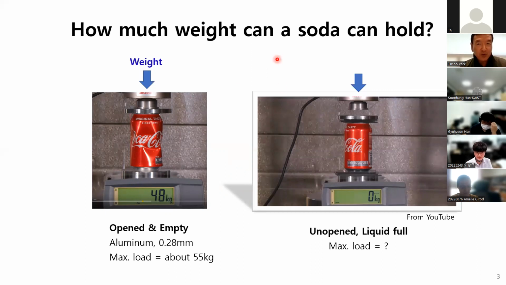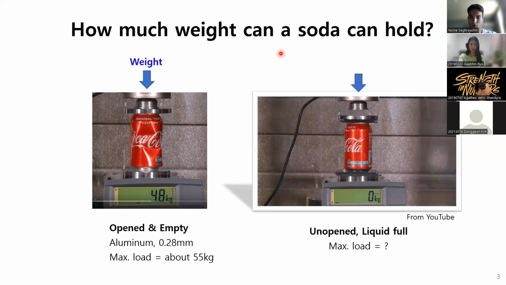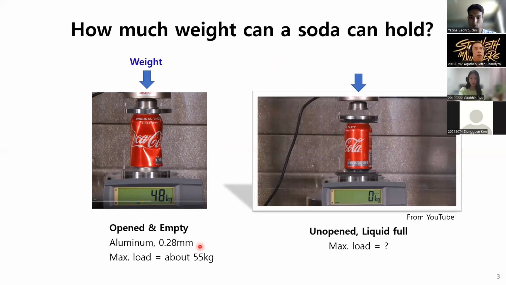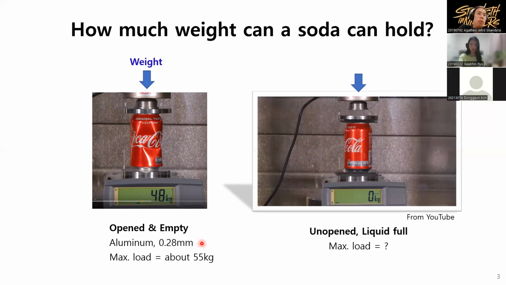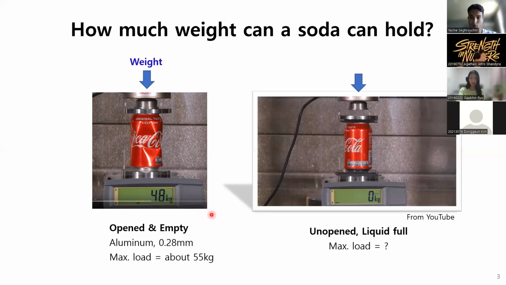How much weight can this soda can hold? It's an interesting question. A soda can is generally very thin, less than 0.3 millimeters of aluminum, to make it light. But it's also supposed to be strong enough to act as a kind of liquid container.